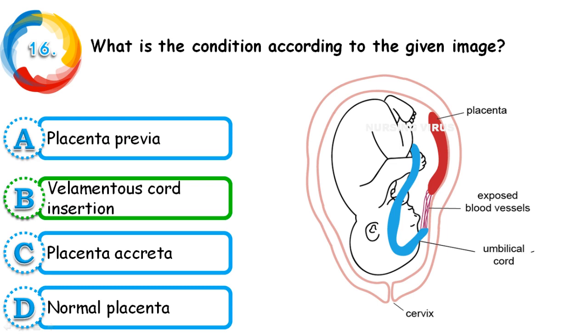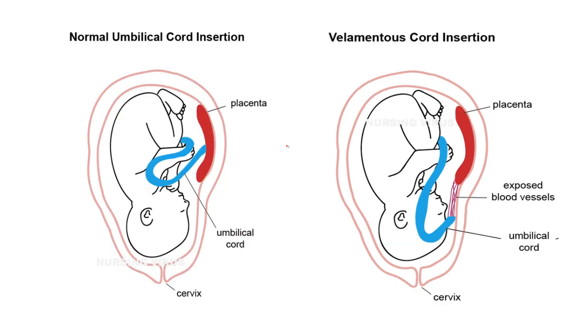Here is the rationale. On the left side you can see the normal umbilical cord insertion, where the umbilical cord comes from the fetal umbilicus and is directly attached to the midway of the placenta. That is called a normal placenta.